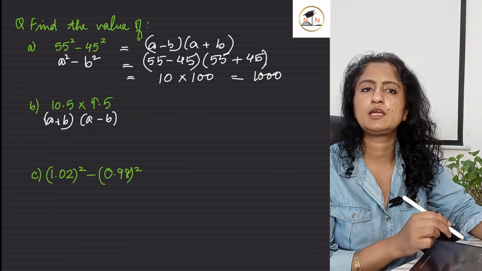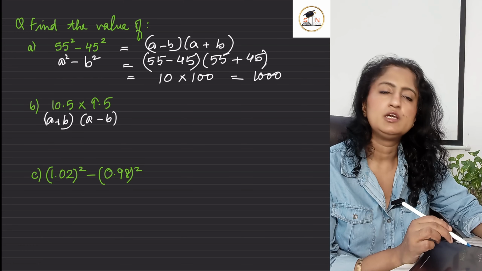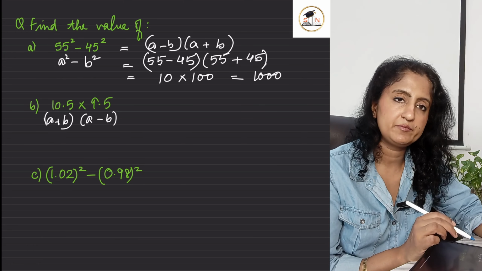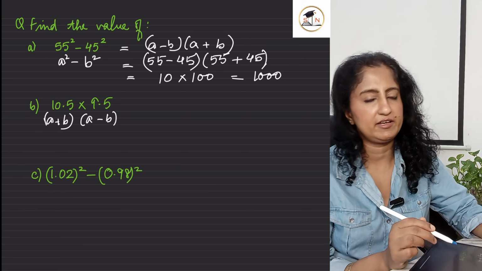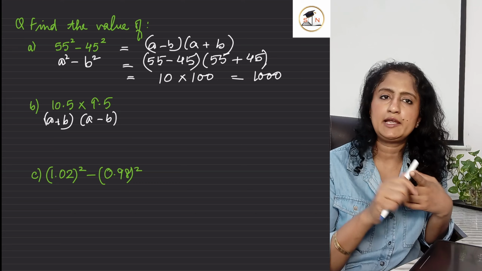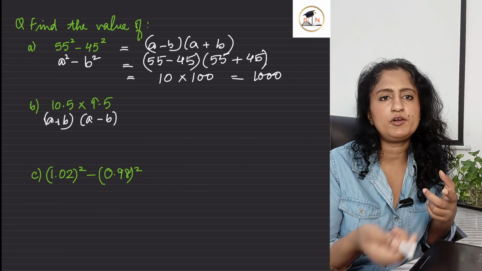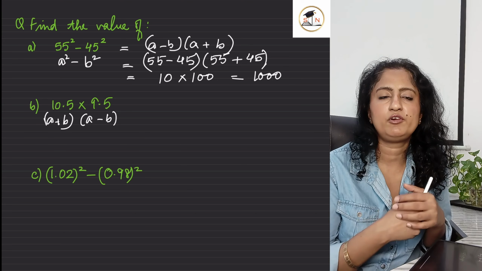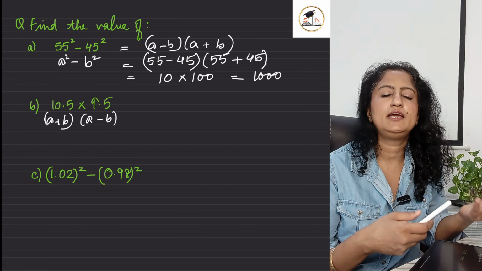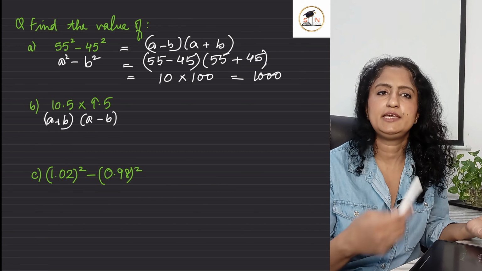I'm sure you must be thinking while reading this question, what is a and what is b. A is 10, b is 0.5, because when you subtract 0.5 from 10 you get 9.5, and when you add 0.5 to 10 you get 10.5.